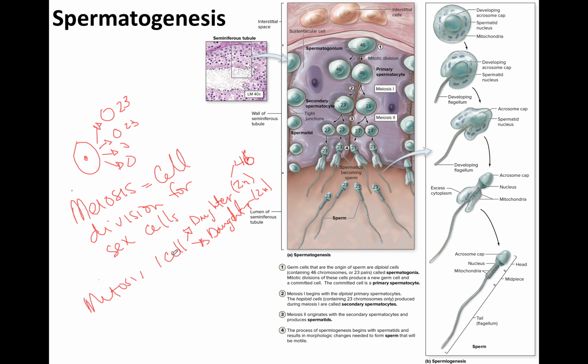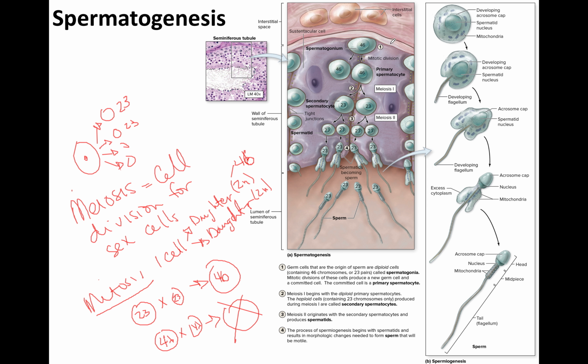The reason for this is that a cell with 23 has to fertilize together with another cell with 23 to create an embryo with 46 chromosomes. If you try to fuse cells that went through mitosis, you have 46 for that cell, and it fuses with another cell of 46, which gives you too many chromosomes, which is not good. So you have to go through meiosis, and meiosis is 2 rounds of cell division.